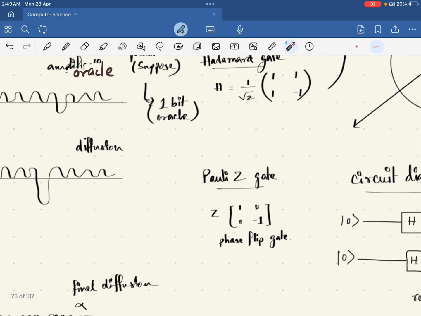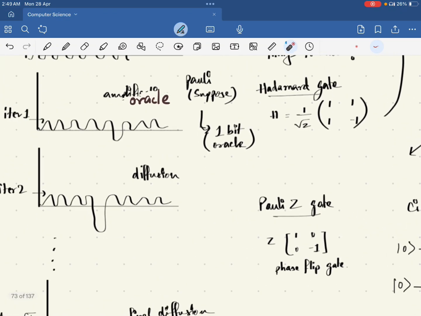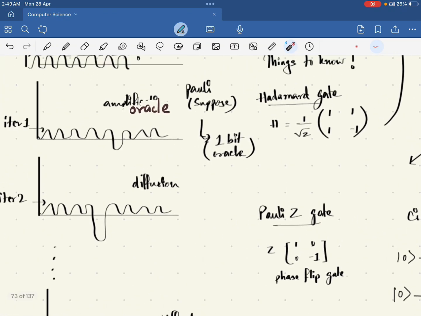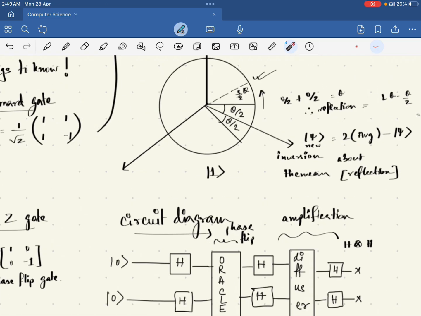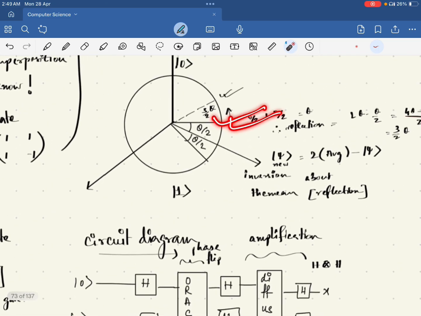After the oracle function, all it did was invert the phase. Now, after the diffuser, it will shrink the amplitudes of those which are not my target, and amplify the one which is my target. Why does it do so? I clearly showed you now: because of this inversion about the mean.